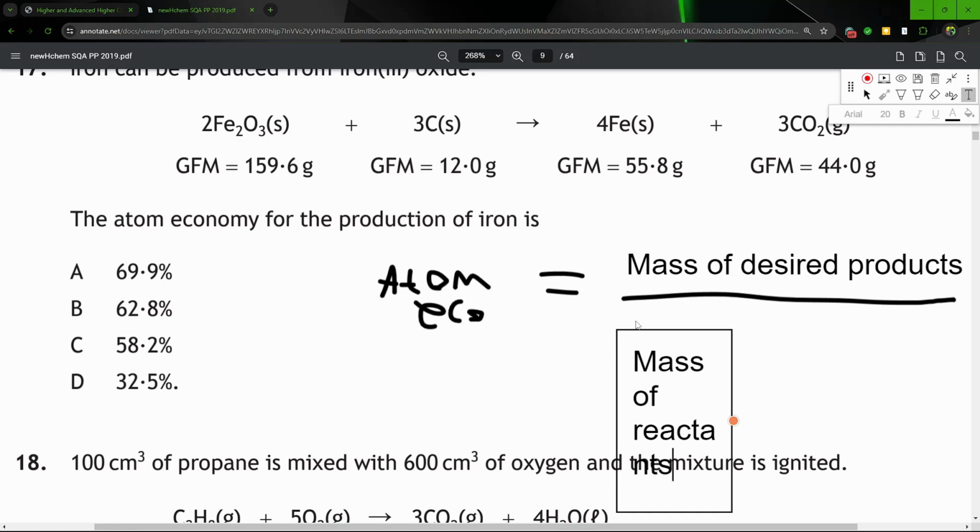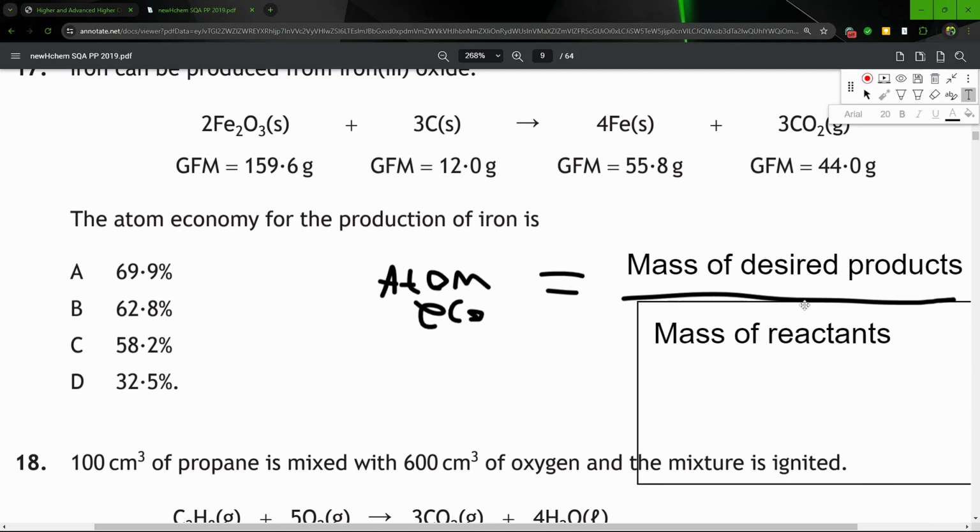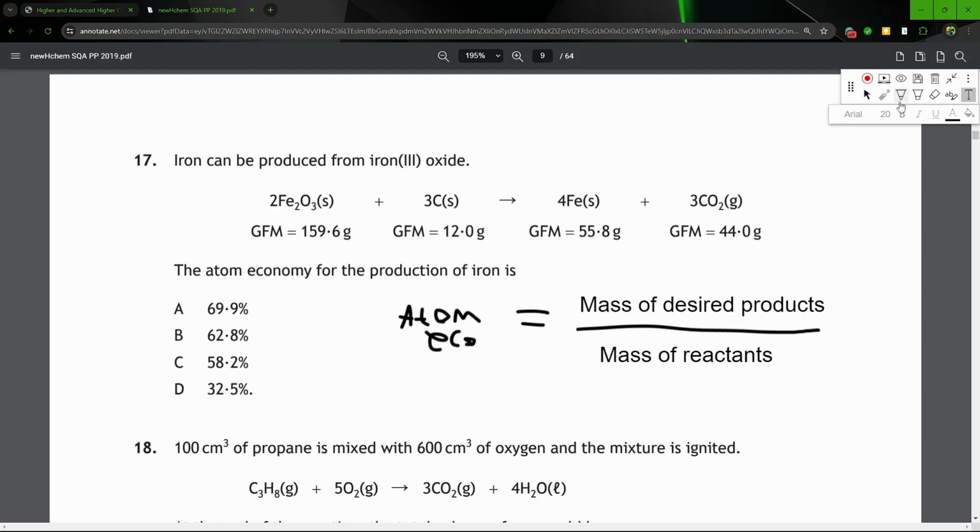So this is essentially measuring how much useful stuff you get out of your reaction compared to what you put in, and then times by 100.